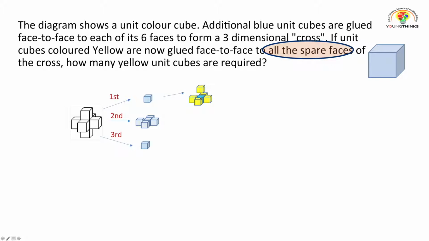This is how you're covering all the five exposed surfaces of this top layer. Remember, the bottommost surface of the top layer is touching the second layer, so it is not exposed. So if you count, the number of yellow cubes required is 5.